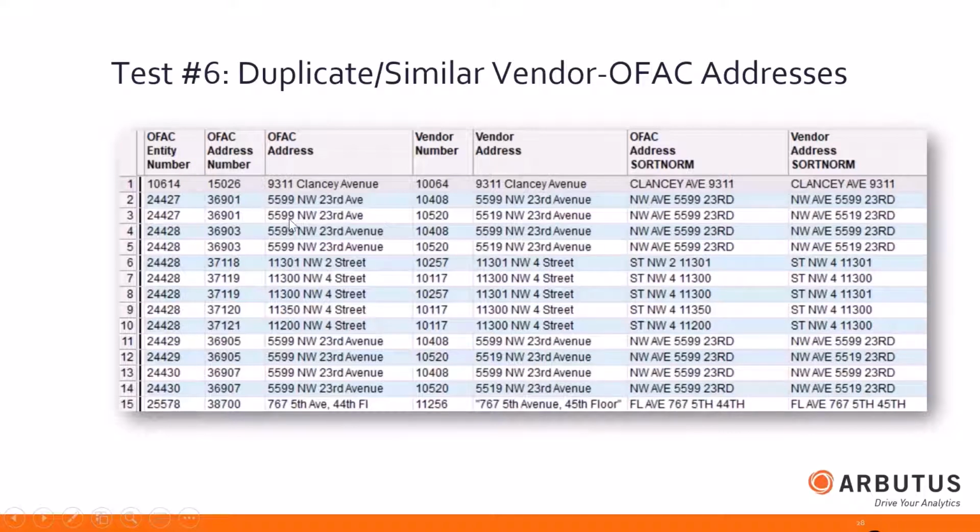We look at the third record, 5599 Northwest 23rd against 5519 Northwest 23rd. There's a difference of 1 character. So that falls within the filter that we put. So this is a much more efficient way of identifying similar addresses, particularly when they may have been entered in different ways, perhaps deliberately, perhaps just by chance.